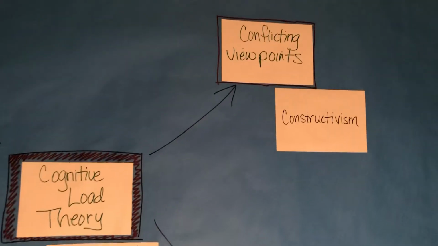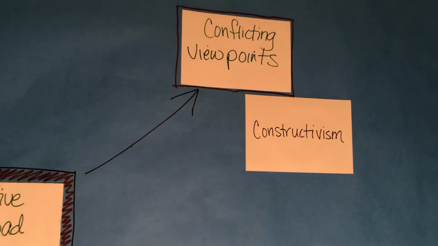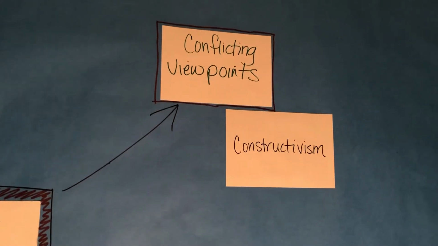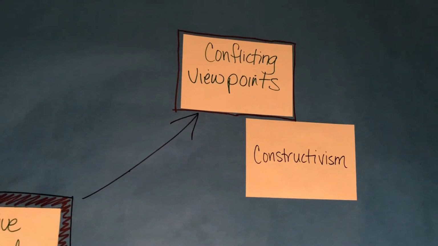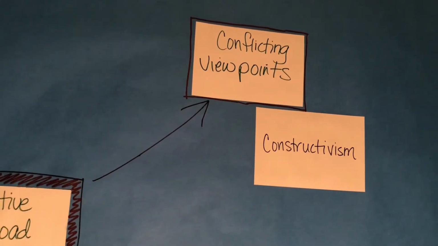Cognitive load theory definitely has its share of conflicting viewpoints. One of these is constructivism, which states that the learners construct meaning for themselves. Learners may be given any amount of information related to whatever prior knowledge exists in order to create a wider knowledge base than before.